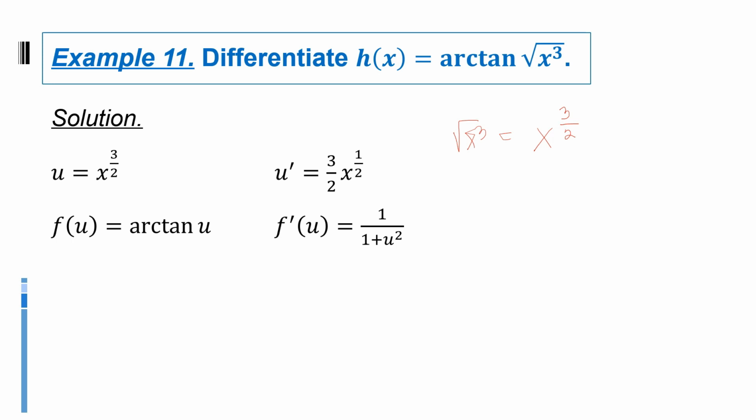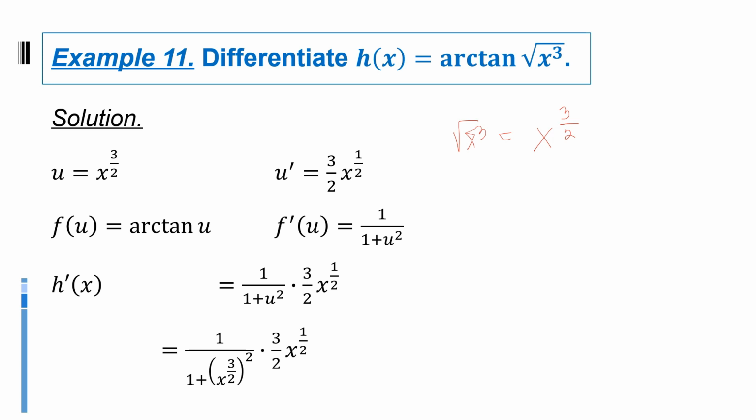And our f of u is equal to arctan of u with a derivative of 1 over 1 plus u squared. So, h prime of x now is equal to 1 over 1 plus u squared times 3 halves x raised to 1 half, or that is 1 over 1 plus x raised to 3 halves squared times 3 over 2 times x raised to 1 half.